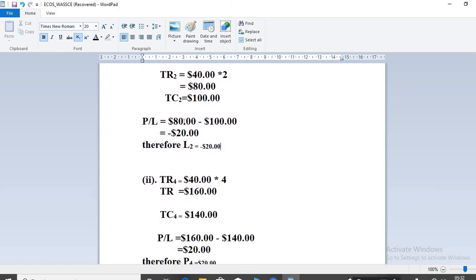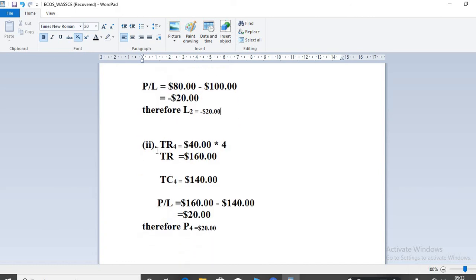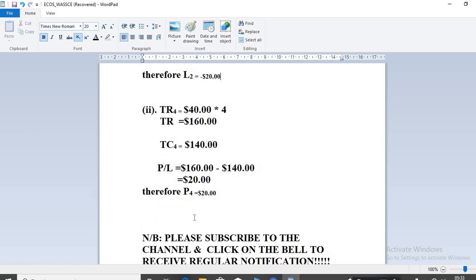For the I, we had a loss of $20 because the total cost of producing 2 products was 100, and if the business sells the 2 products, they get a revenue of $80. So the difference represents a loss. But in the II aspect of the question, the total revenue for selling 4 products was $160, and the cost of producing it was $140. So if you strike the difference, we have the positive figure, which is $20.